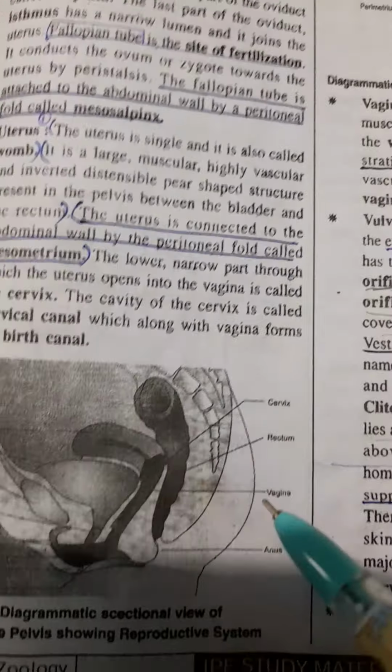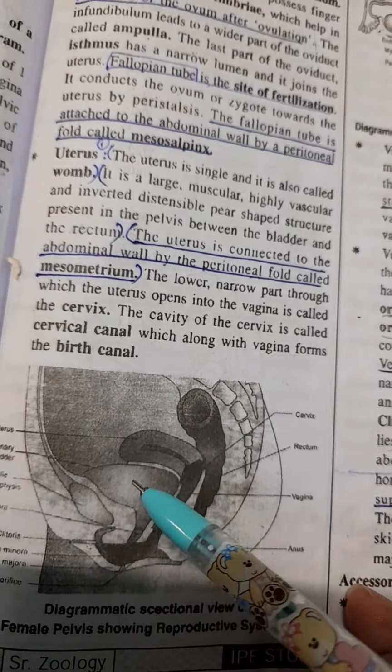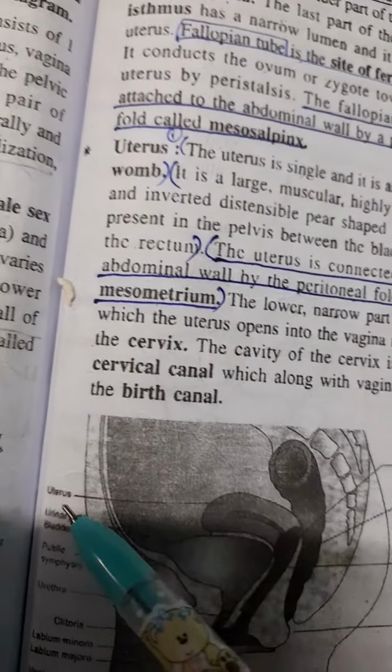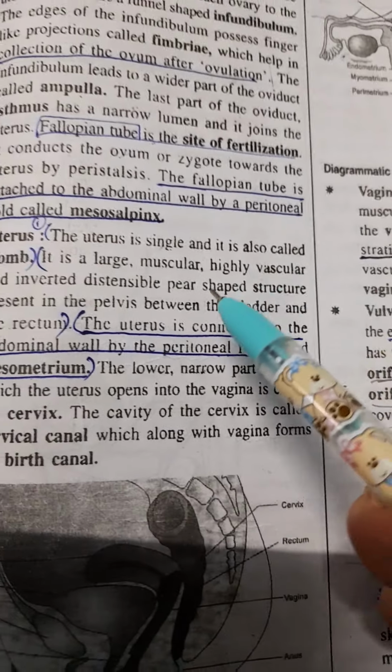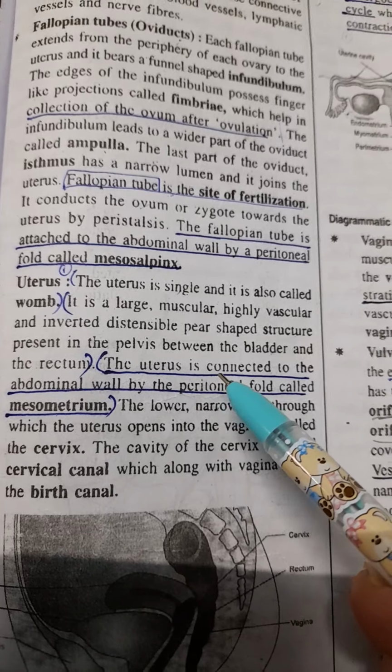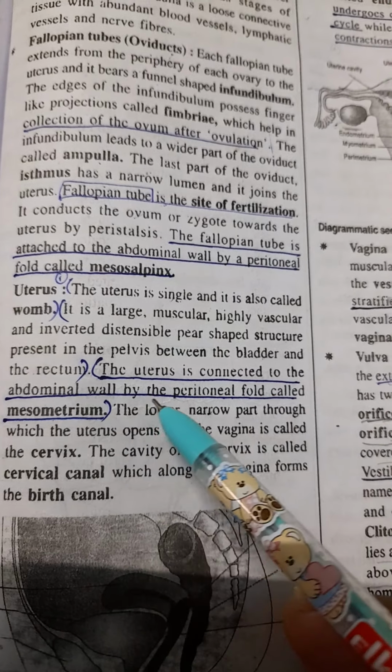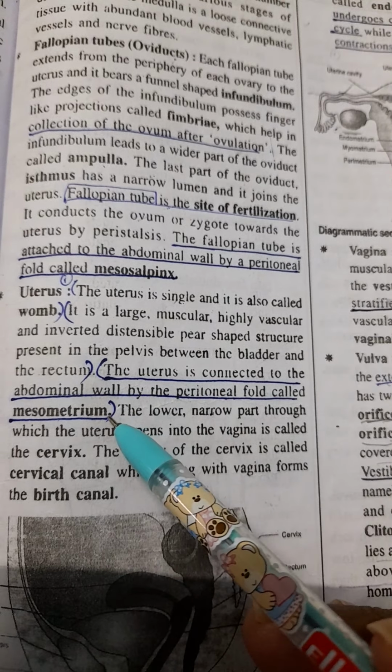You can see in this diagram, this is the rectum, this is the bladder. Between these two, what is present? The uterus. It is highly muscular, and it is connected to the abdominal wall by a peritoneal fold called mesometrium.